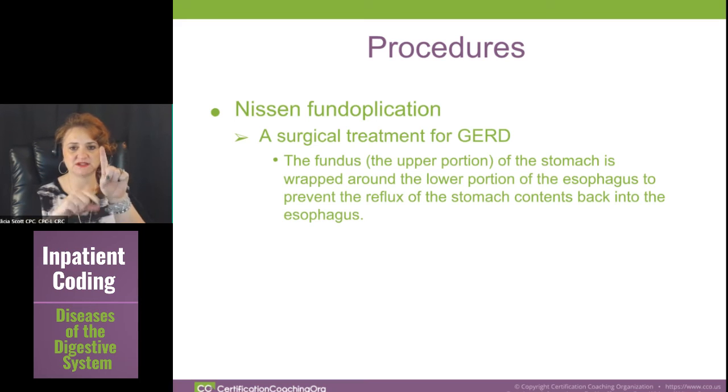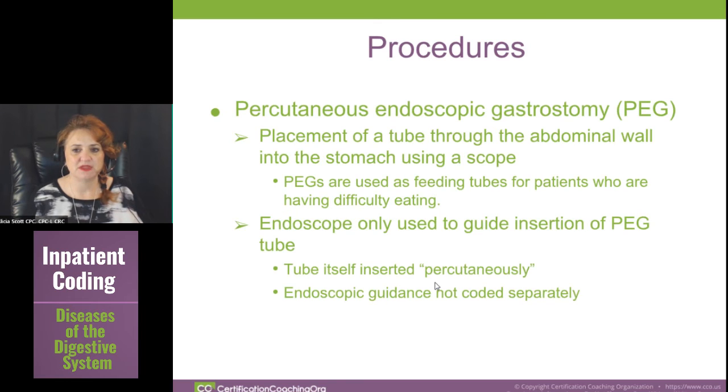This is the fundus. It's the upper portion of the stomach. It wraps around the lower portion of the esophagus, and it prevents reflux into the esophagus. If we do a PEG, we're doing a percutaneous endoscopic gastrostomy, and they put a tube into the abdominal wall, and then they feed you through that tube into the stomach.